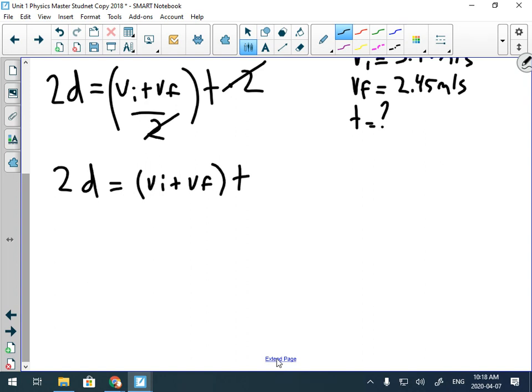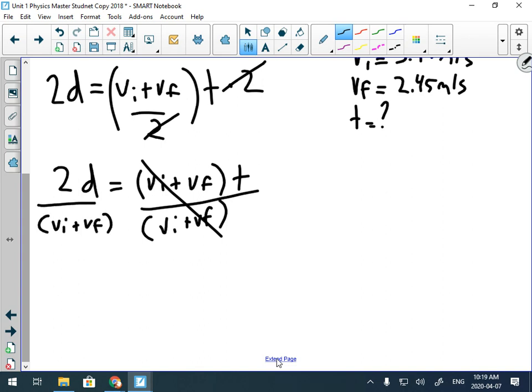Now, what's the opposite of multiplication? The answer is division. So I'm going to divide this side by vf and vi, so they're going to cancel. And what I do to one side, I have to do to the other. So when I rearrange this formula, time is equal to 2d over vi plus vf.